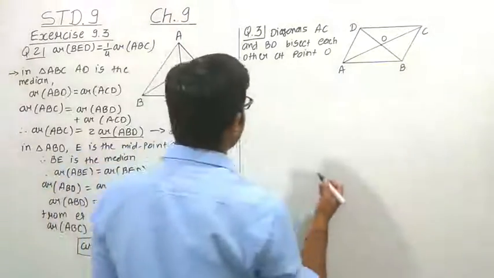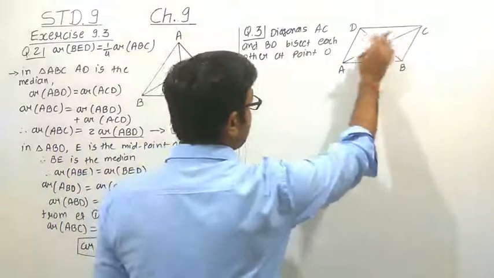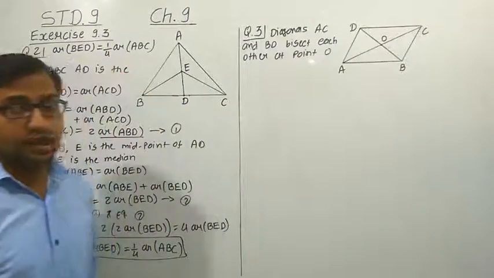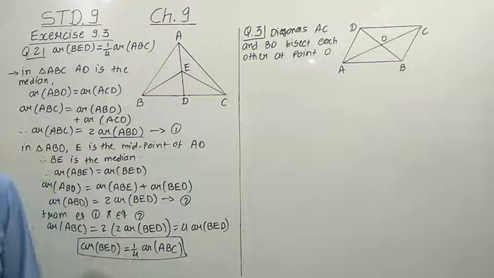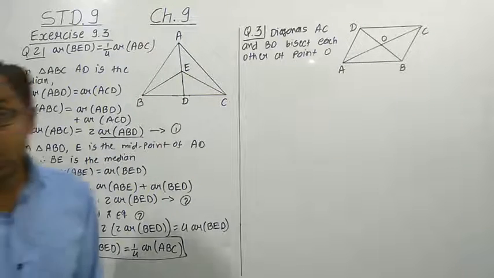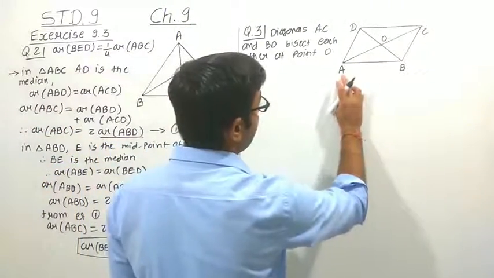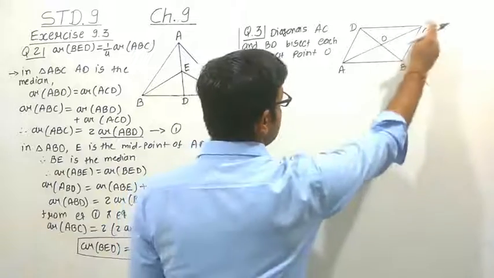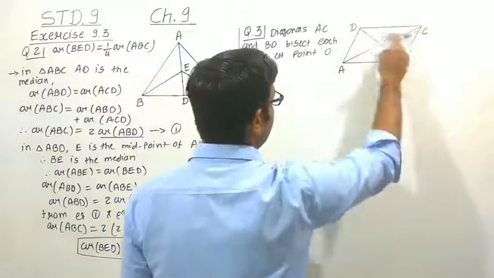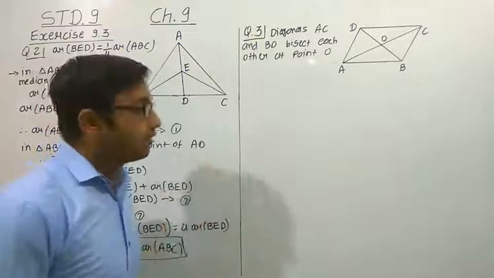So what we want to prove is that these four triangles have equal areas. The four triangles formed are triangle AOB, triangle BOC, triangle COD and triangle DOA. We have to prove that all the four triangles have equal area.